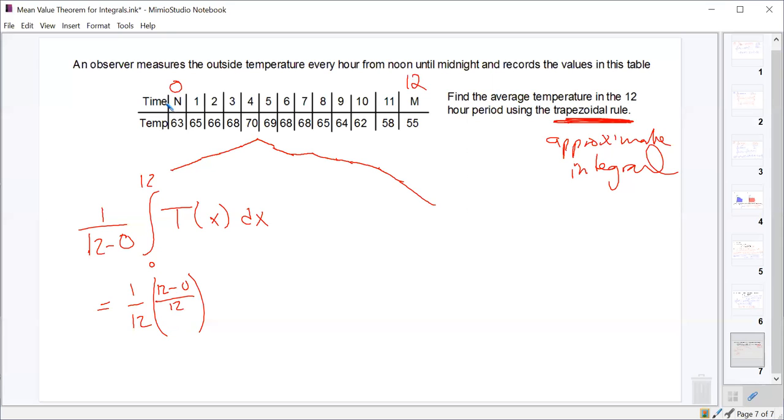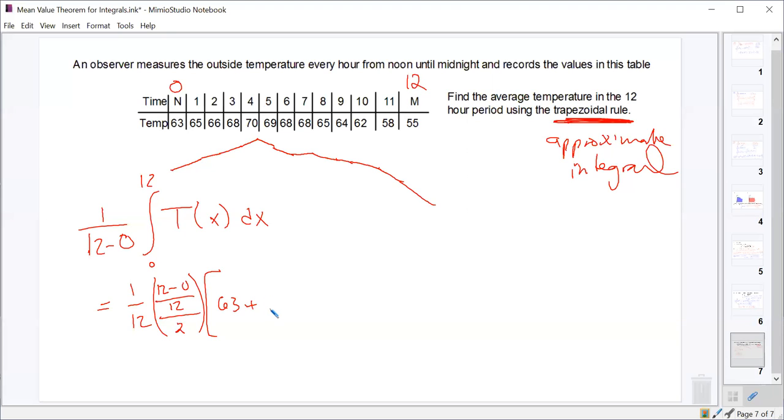B minus a over the number of subintervals, which is 12, divided by 2. And then what goes in the first spot here? The temperature at 0, which will be 63.